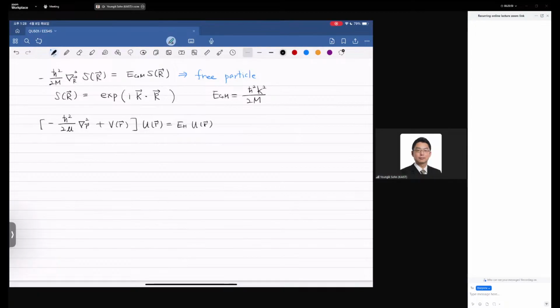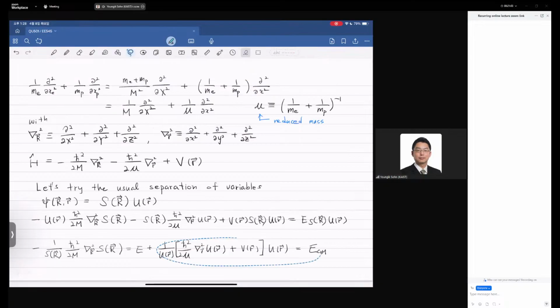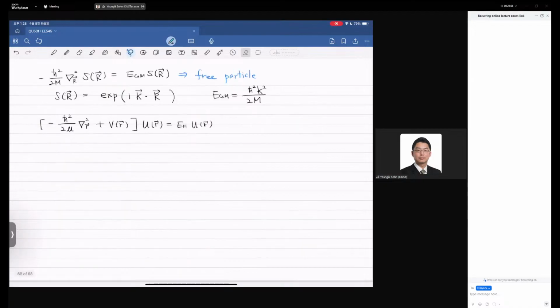This is the second part of the previous expression, so we're solving this part. And that part, E_H, I introduced, which is defined as E minus E center of mass.